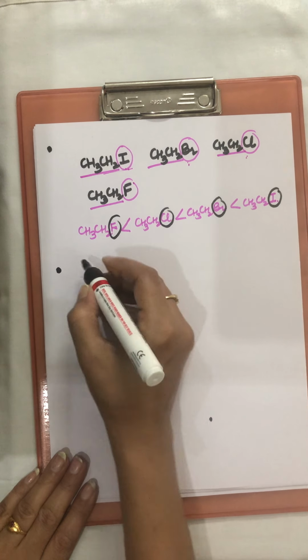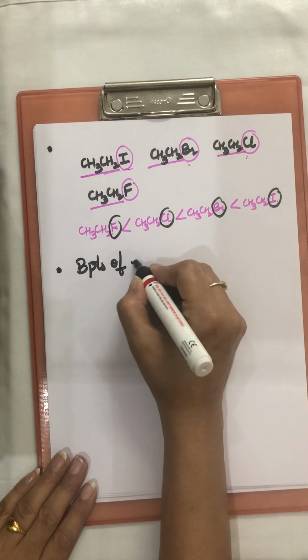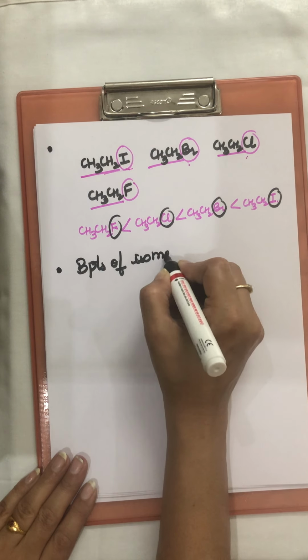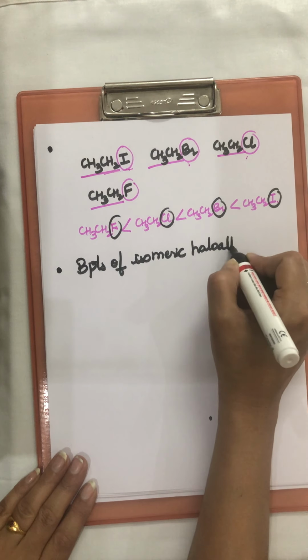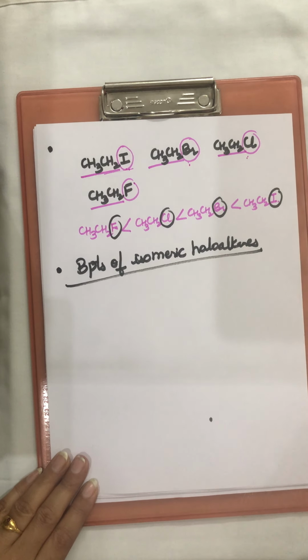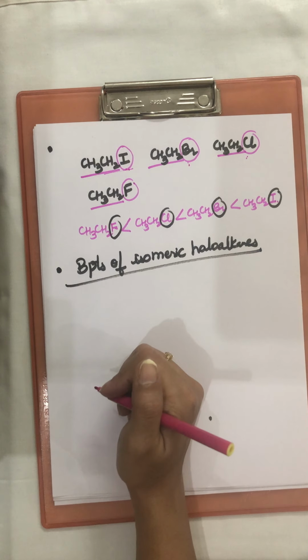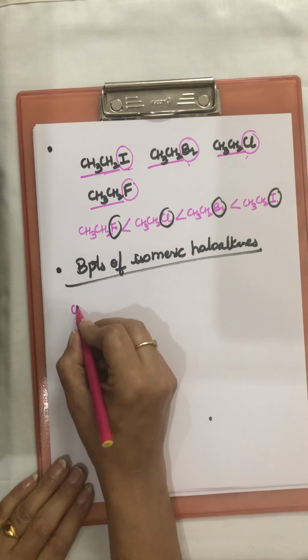Next point here is boiling points of isomeric haloalkanes. Isomeric means the molecular formula is the same while their structural arrangement is different.